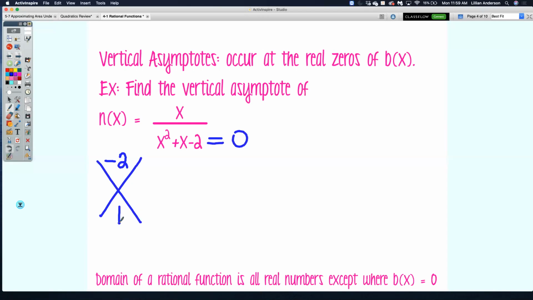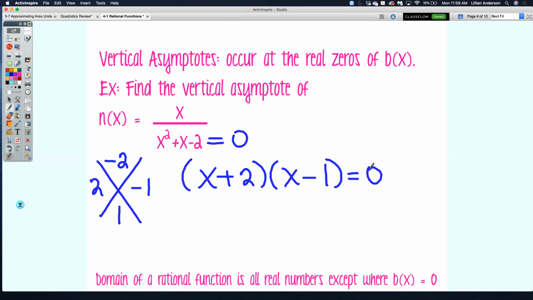Multiply to give you your C value, the last number, your constant, and add together to give you your B value. What two numbers multiply to give you -2 that add together to give you 1? Negative 1 and 2. So you'll have x plus 2, x minus 1 is equal to 0.